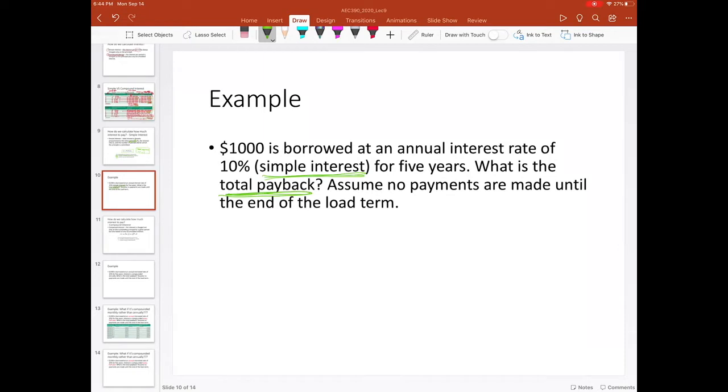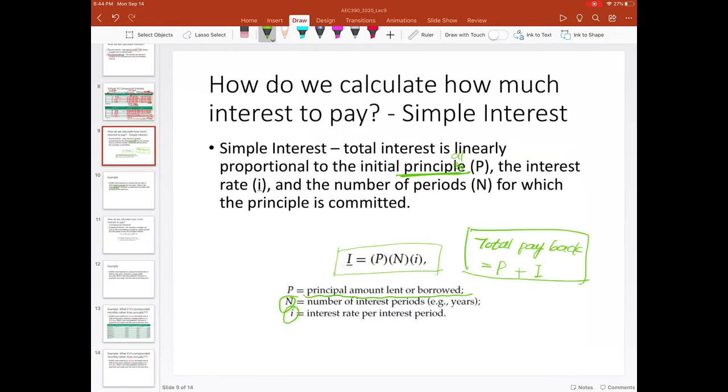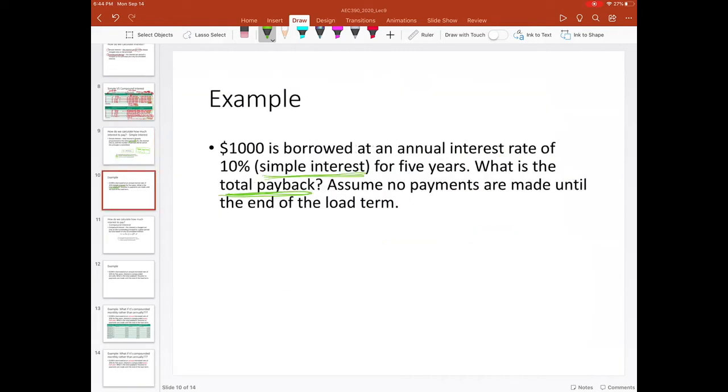To know that, you need to calculate the total interest, the capital I, and then you calculate total payback. So first, let's copy this equation. I is P, the initial amount you borrow, times N, the number of periods, times the interest rate.